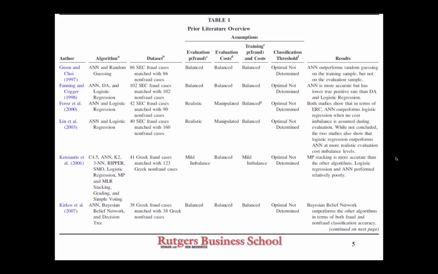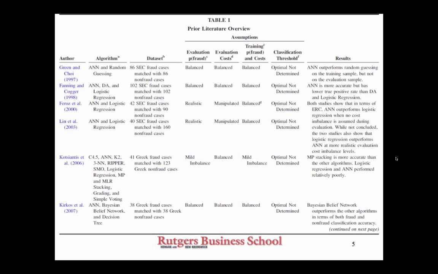What is important in this slide is to know that when he calculates it, he uses several different ratios of fraudulent firms, and several different ratios of cost of false positives to false negatives.